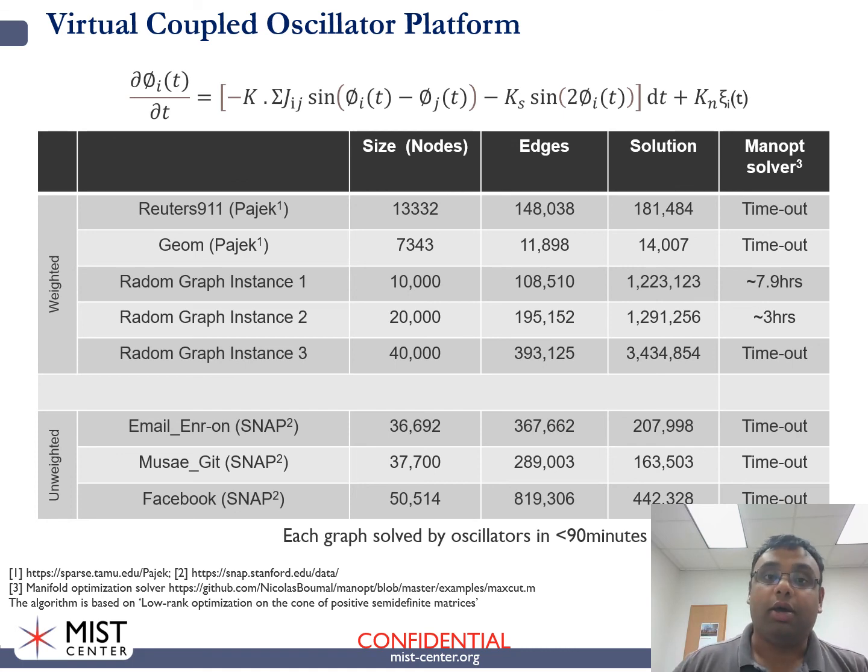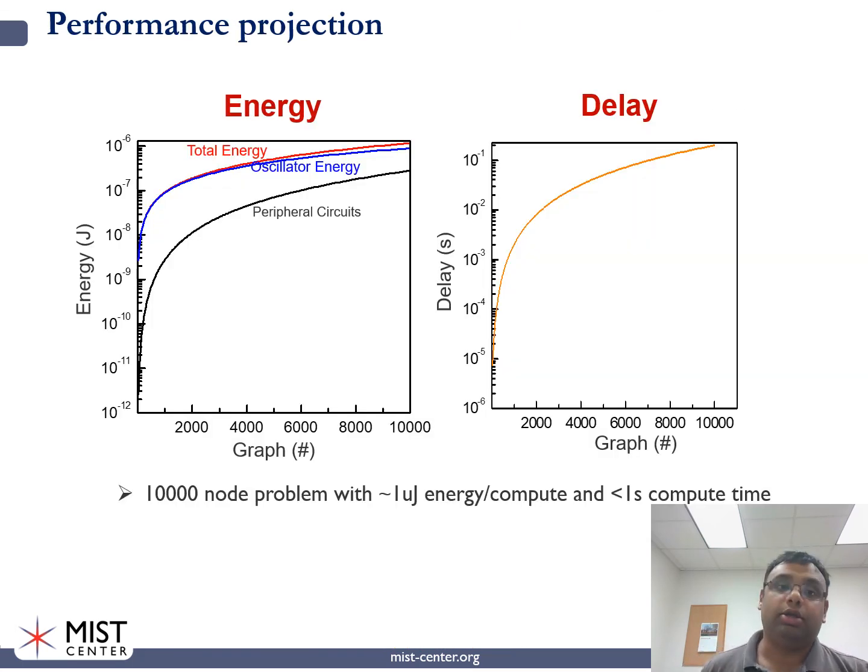And so when we benchmark this system and project the performance to a real physical system, here are some of our estimates where we observe that for a 10,000 node graph, we would be below 1 joule of energy per compute, and we expect this computation to be done in less than a second.